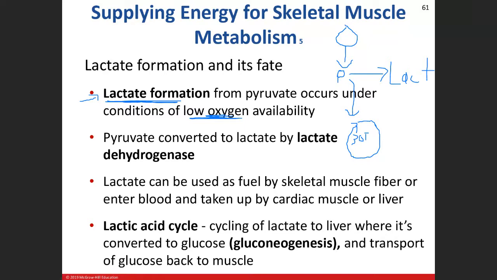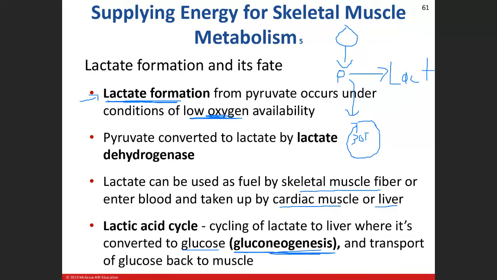Now, again, the skeletal muscle cell can use lactate as a fuel source. Because what will happen is either the skeletal muscle cell, or, well, we're not really talking about the cardiac muscle cell, it can too, but the liver can change lactic acid or lactate into glucose through the process of gluconeogenesis.